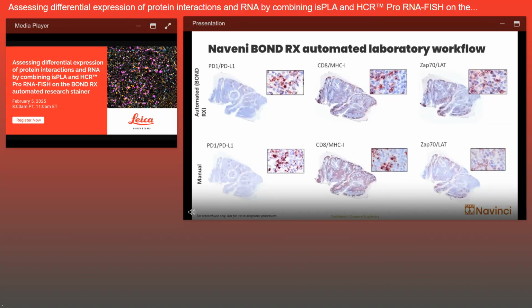And you can see that the assay is very robust and strong between manual and automated. So there is hardly any variability between them. So yeah, it's highlighting the ability of the Navinci Bright Bond RX kit to detect different interactions in a way that we see is the same standard as with manual.